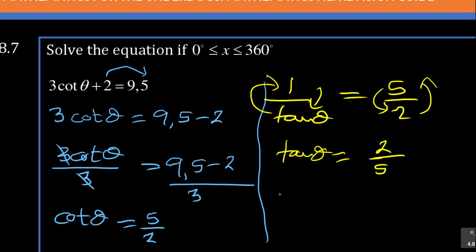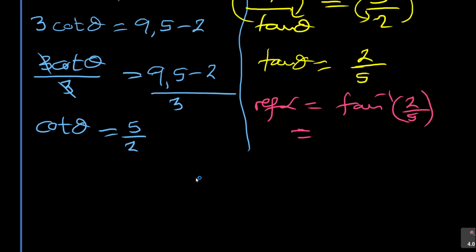Now back to my reference angle. A reference angle is equal to arctan, just that all of them were tan. I didn't notice that. So arctan 2 over 5. I do the same thing here, take my calculator to get the reference angle.